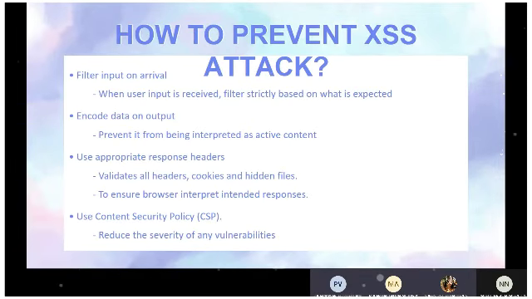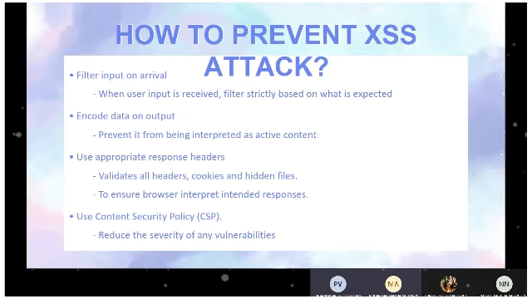How to prevent XSS attacks? There are several methods. Firstly, filter input on arrival. At the point where user input is received, filter strictly based on what is expected. Second, encode data on output. This is to prevent it from being interpreted as active content.